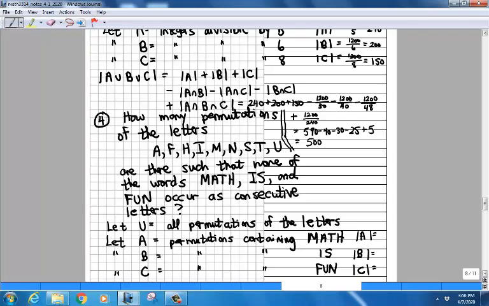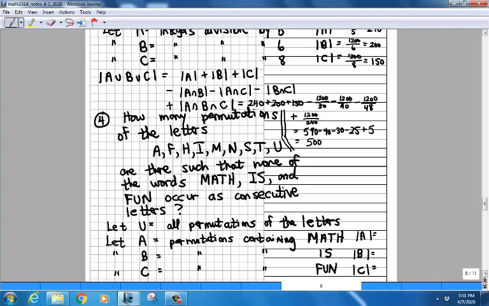So we've got 9 distinct letters, and we want to know how many of the permutations of those 9 distinct letters are such that none of the words math, is, and fun, math is fun, would occur in the permutation.